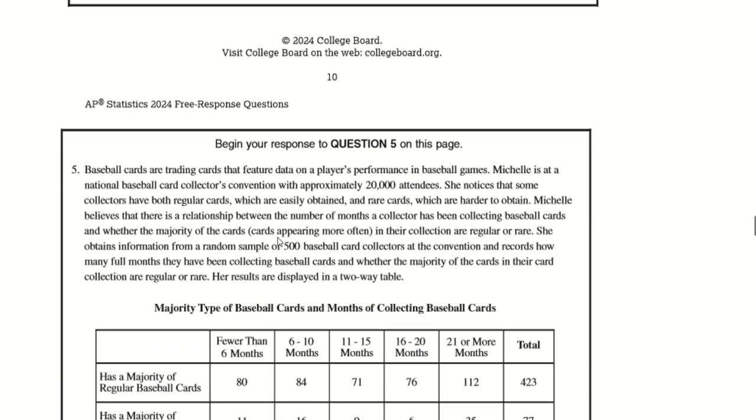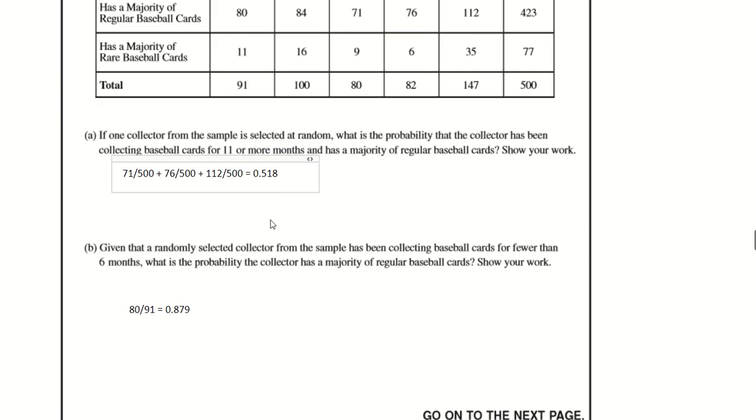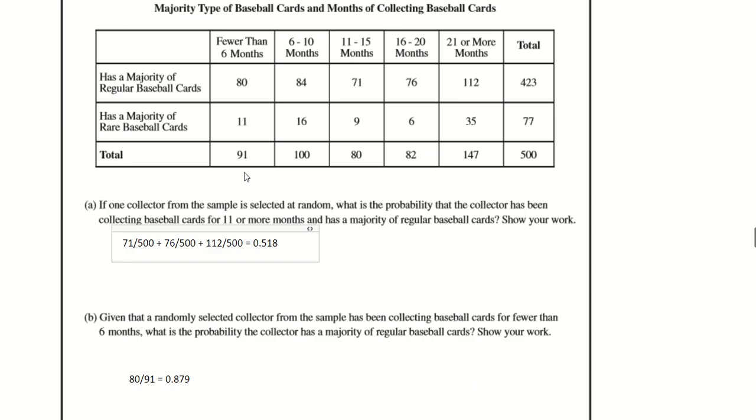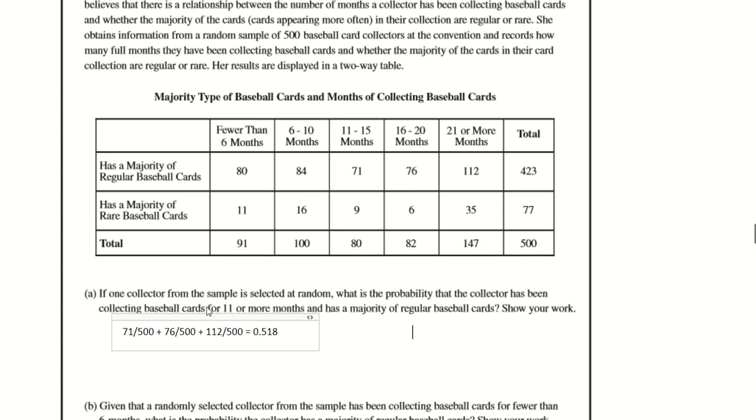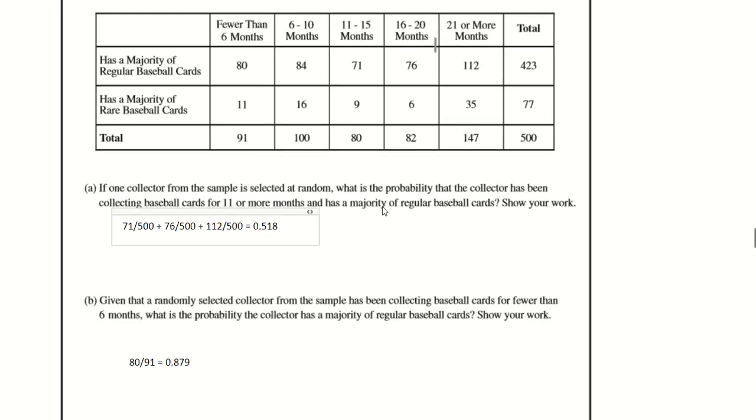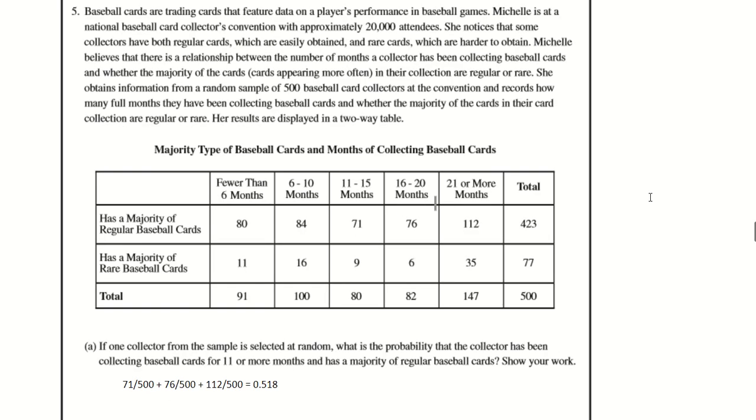Move on to FRQ question number 5. Part A is asking what is the probability that the collector has been collecting baseball cards for 11 or more months, so we're talking from this column to 11 or greater than that, and has a majority of regular baseball cards.